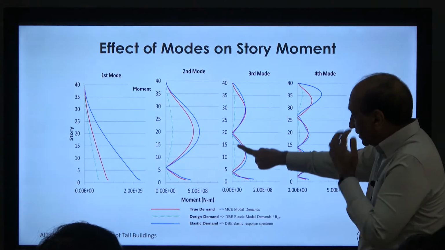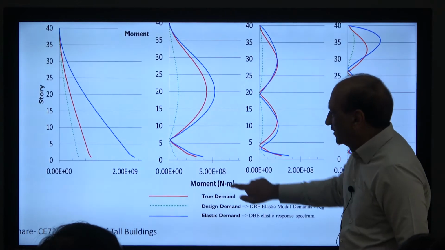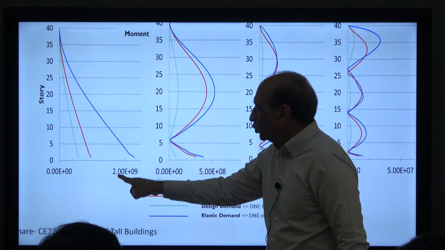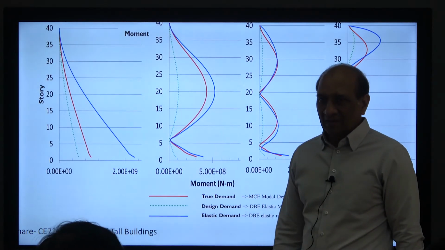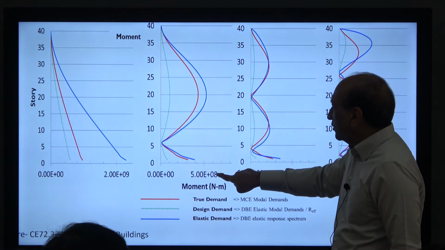Here the moment is, the difference is, no, I should have corrected that, I did not. This is 2 raised to power 9, right? This moment is 2 raised to power 10 raised to power 8.